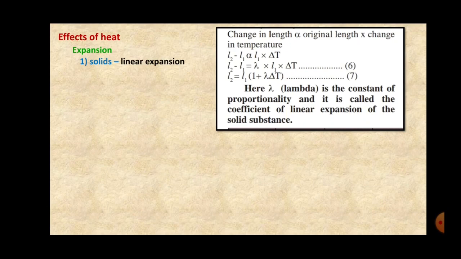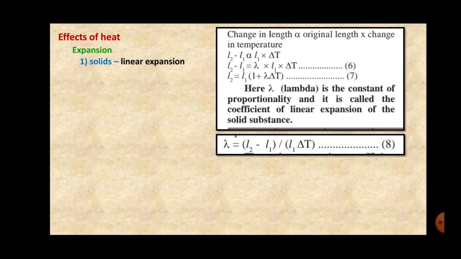Now L is the length, right? And the inverted Y is pronounced as lambda. And this lambda is the constant of proportionality, and it is called the coefficient of linear expansion of the solid substance.